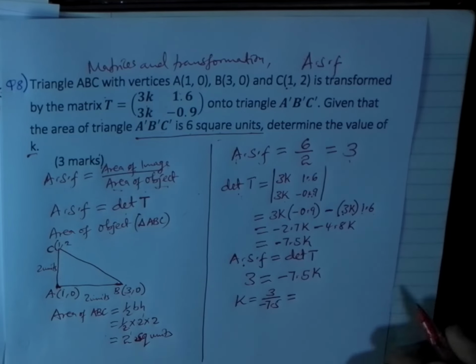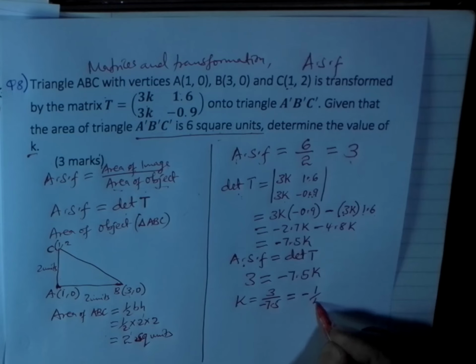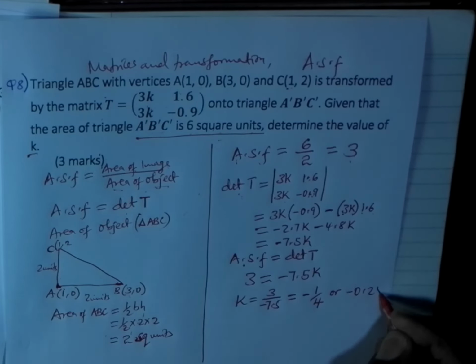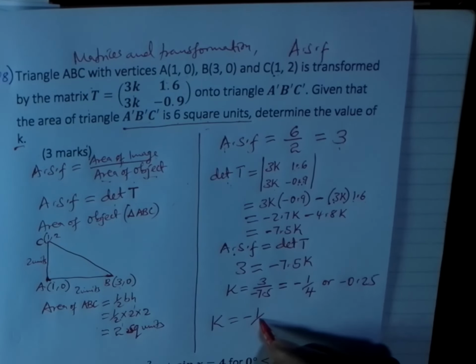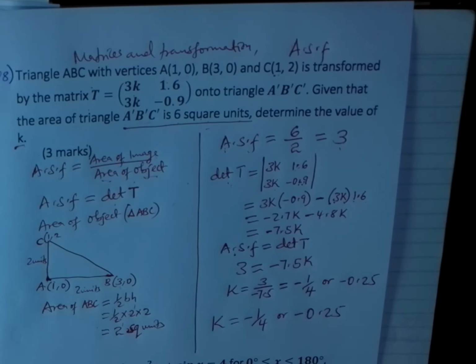If we simplify this, we get minus 1 over 4, or minus 0.25. So k is negative a quarter, or minus 0.25. So that is the value of k.